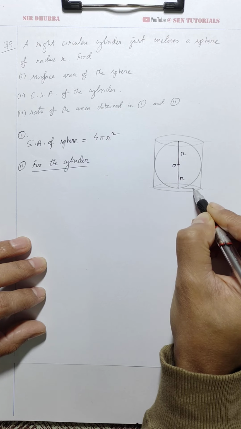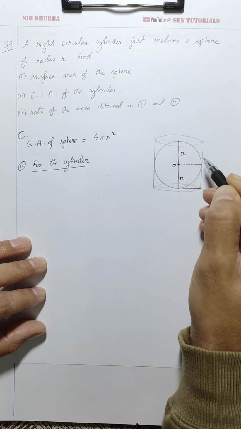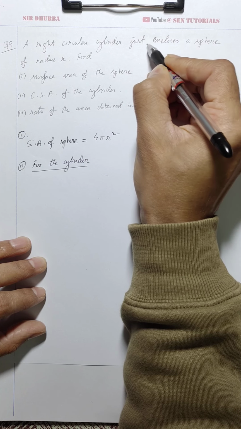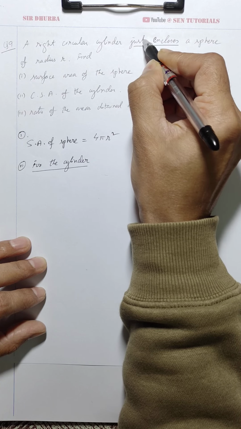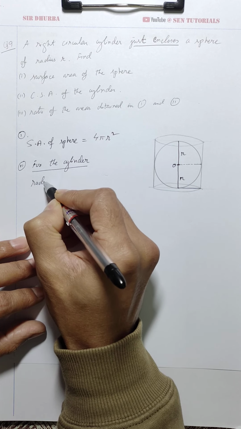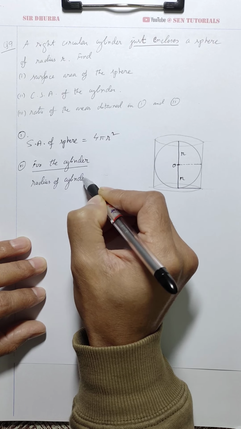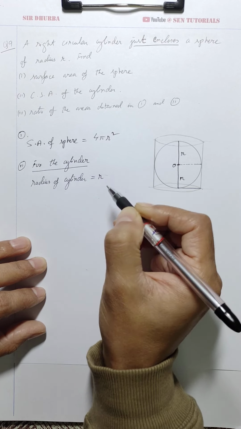This is the radius of the cylinder. Because it just encloses, that means just fills up, exact measurement, just encloses a sphere. So radius of cylinder also will be r.